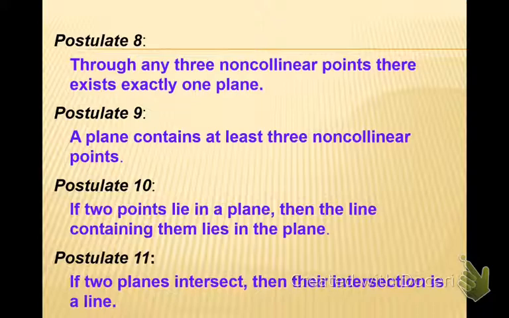So if I've got a plane and I've got 2 points, then without even thinking about it, I know that the line that connects those 2 points has to lie in the same plane. Again, these postulates are I think pretty obvious, but we discussed them so that we can use them. And then postulate 11, if 2 planes intersect, then their intersection is a line. Think about that. We got those?